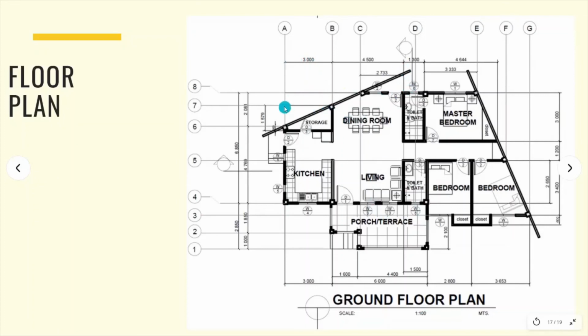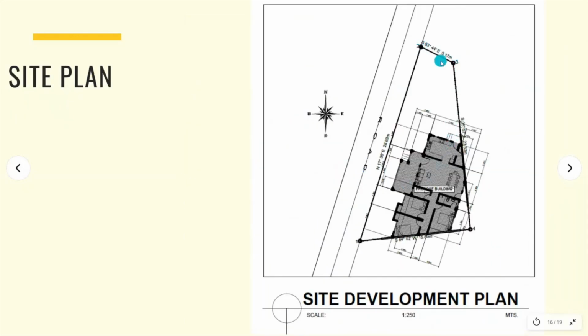So medyo dili ni siya regular nga shape nga building. So as you can see, kanang dili siya rectangle, no, murag more or like murag polygon na siya nga daghan na kayo nga sides. So dili siya square or rectangle ang shape. So mas complicated pud gamay nga atong floor area na.